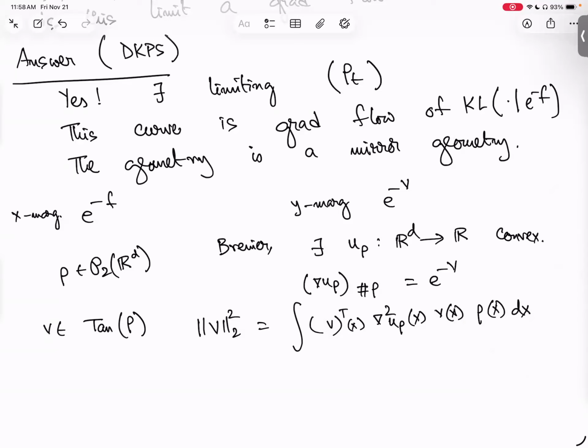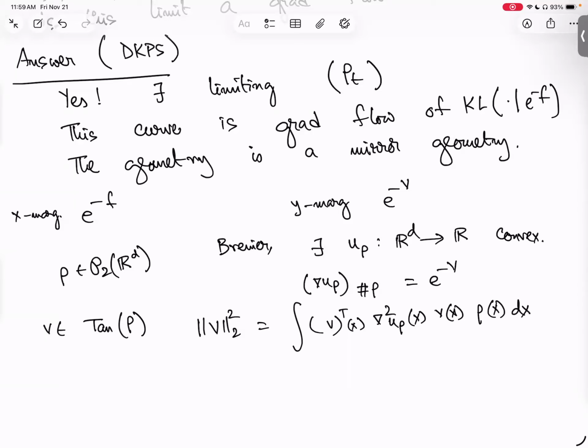Okay, so what have I done here? I'm doing something very similar to the mirror geometry, except I choose my mirror depending on my position. At every point rho, I'm choosing a mirror, which is my Brenier map taking my rho to e to the power minus g. And that defines my tangent space at that point rho, and gives me some norm on the tangent space. That gives me some distance, some generalized Benamou-Brenier, by which I'm trying to minimize this distance.